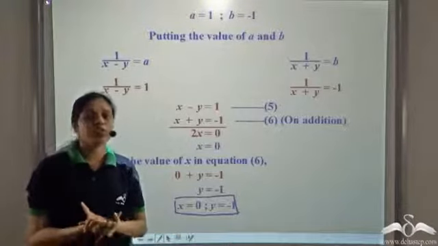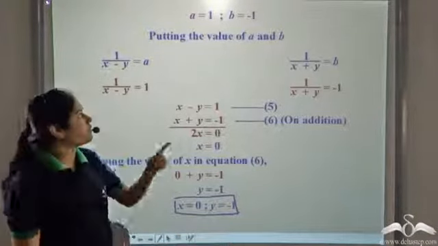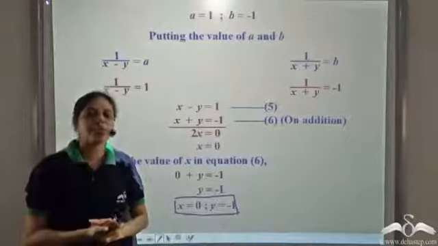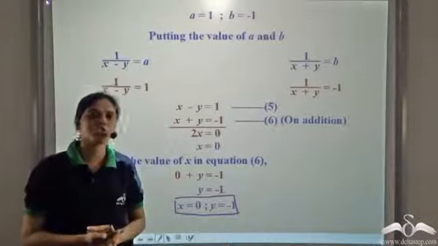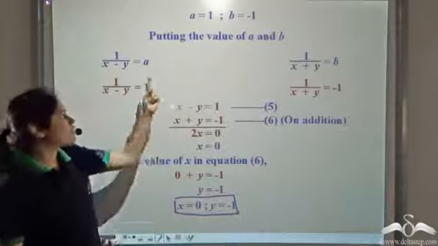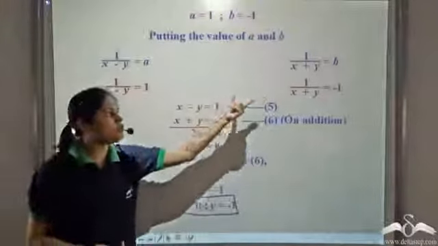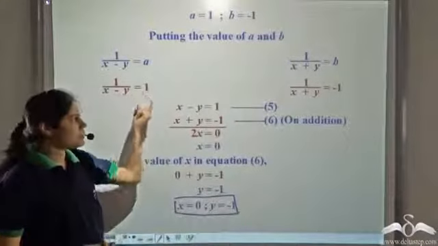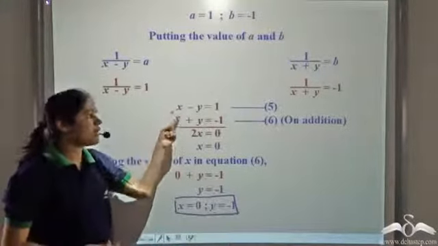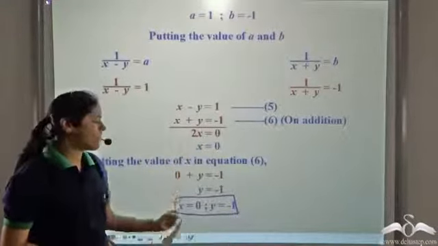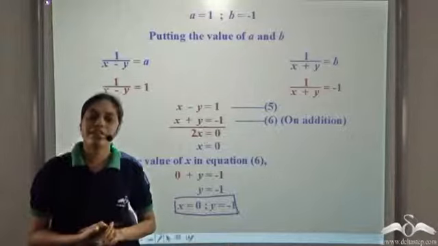Although they were not linear to begin with, we made these substitutions and transformed them into a pair of linear equations in two variables. We solved for a and b and then substituted the values of a and b here. Then again, we formed another pair of linear equations in two variables and solved for x and y to arrive at the final solution.